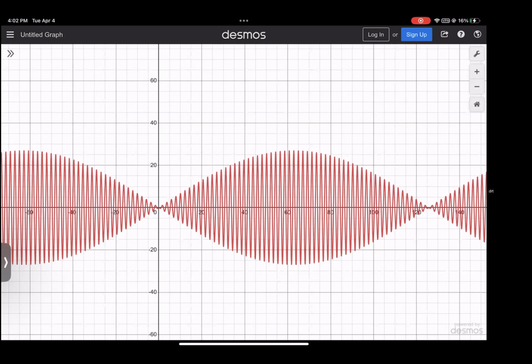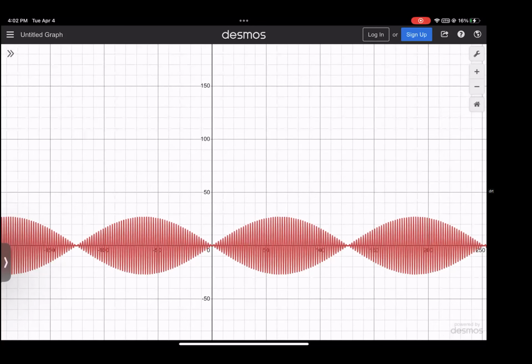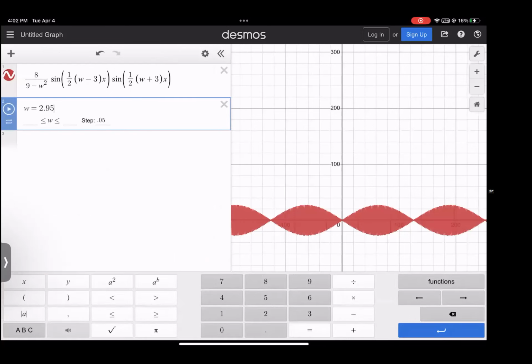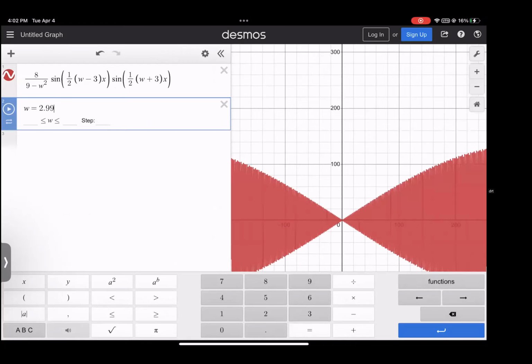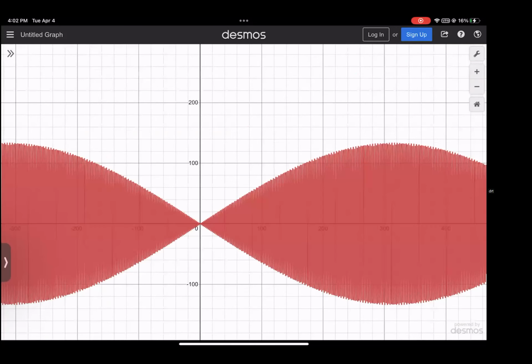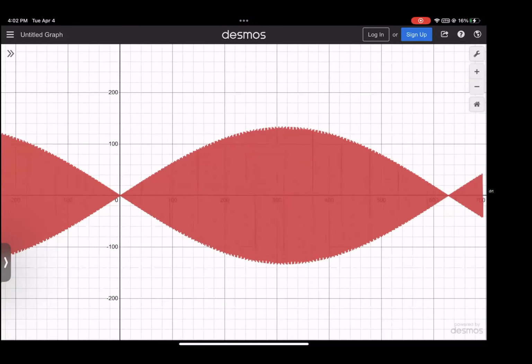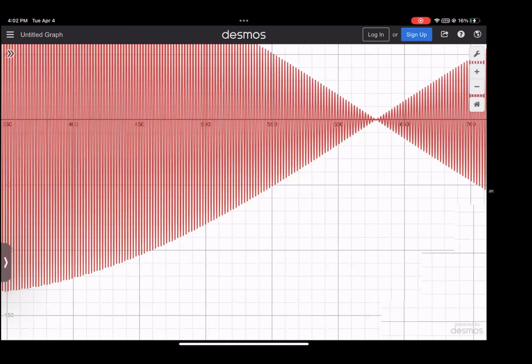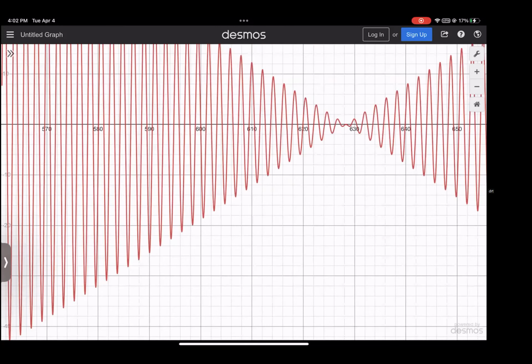The closer and closer I get to 3, so let's do one more. Boy, I'm scared to put a 9 in there, but oh, look at that. I did it. It worked. So, oh my God, isn't that beautiful? Look at that. We're at omega 2.99. Let's see where that first period ends. Look at that.